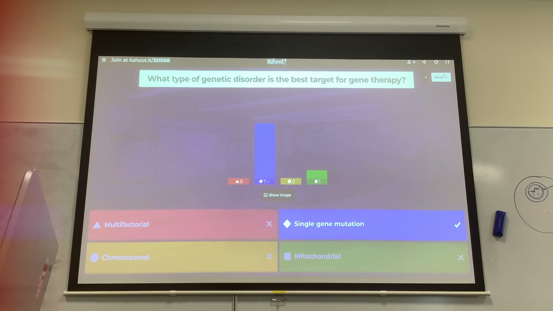A single gene mutation is always going to be better than something that is multifactorial, which is genes and environment working together. So gene therapy for cancer is being researched, but it's harder to achieve than gene therapy for something like cystic fibrosis. We don't usually use gene therapy to target mitochondrial conditions at this stage because of the number of mitochondria in the cell, and any chromosomal condition is going to be big chunks of DNA, so too big for gene therapy.